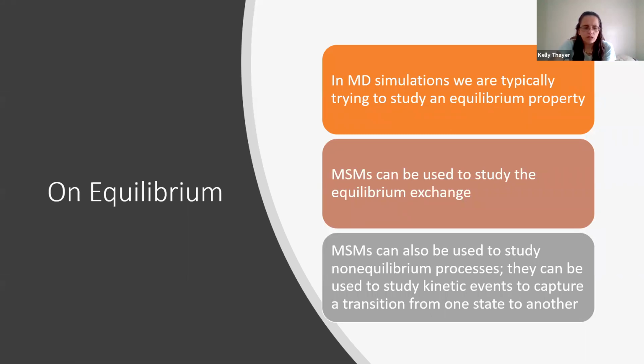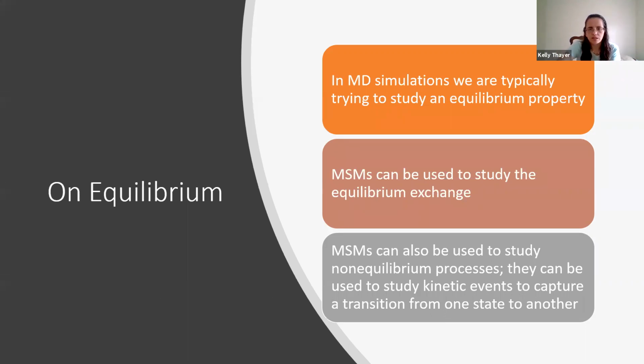We also need to keep track of whether we're in equilibrium or not, and this is going to become an important property of Markov state models. In a molecular dynamics simulation, we're typically trying to study an equilibrium property, and we run a number of tests to ensure that that is true. However, MSMs can be used to study the equilibrium exchange, that is, as we go from one state to another state.